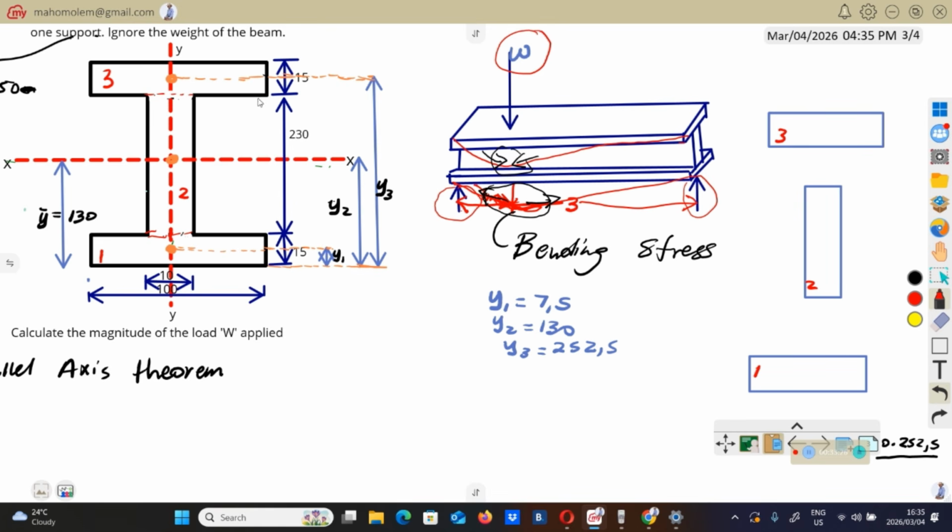And this top rectangle here will be represented by this. So now we're going to have the center of this, which is this one here, the very same center. The center of this box number 2 is the same as this point. The center of this box number 3 is the very same as this one.